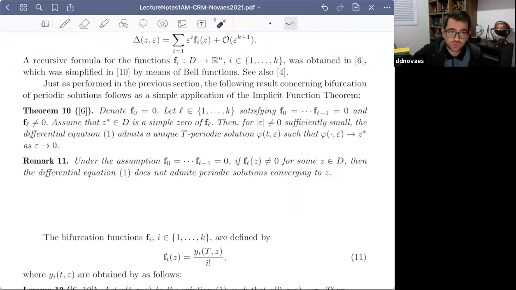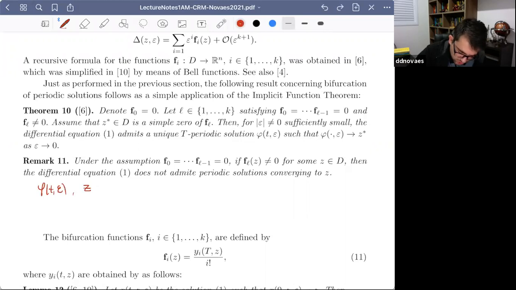Okay, so we can investigate also the regions of our system which does not have periodic solutions. And this is true because if we have a periodic solution, for instance, let's call it phi t epsilon, then we can consider the initial condition.